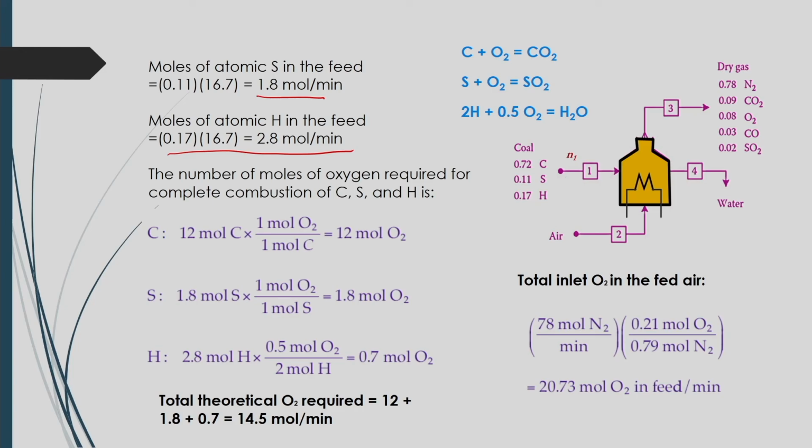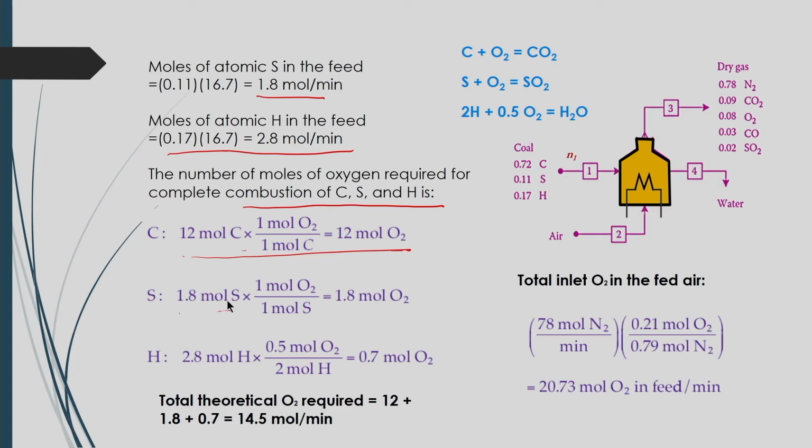Accordingly, the number of moles of oxygen required for complete combustion of carbon, sulfur and hydrogen, as per this equation: 12 mole of carbon will require how many moles of oxygen? Simply 12 mole of oxygen, because 1 mole of carbon requires 1 mole of oxygen.